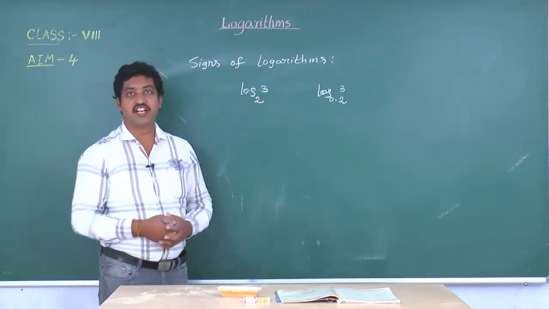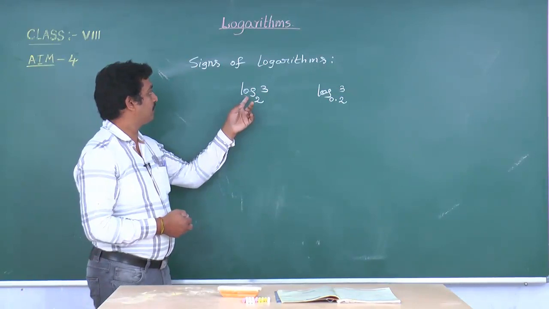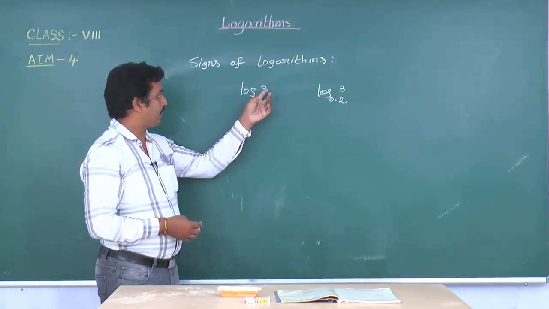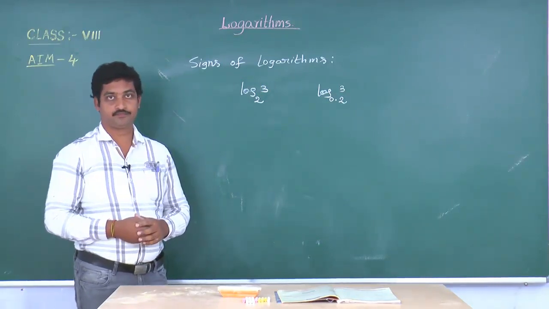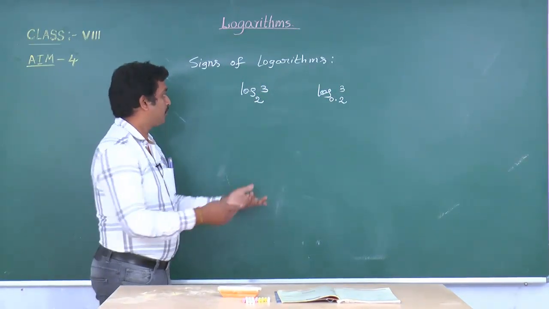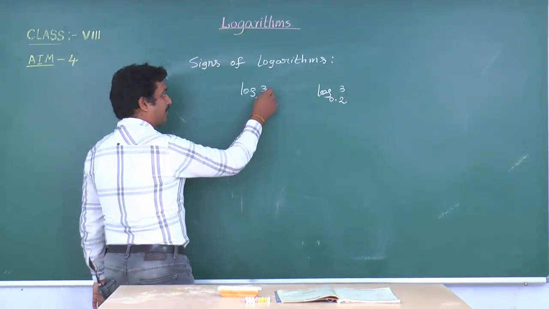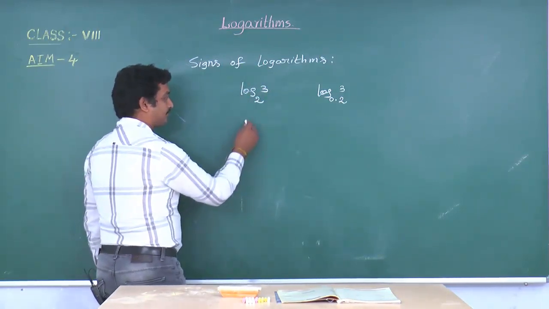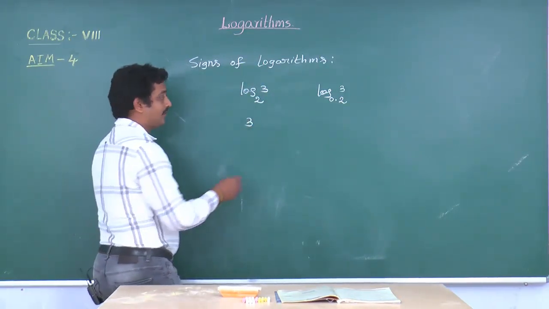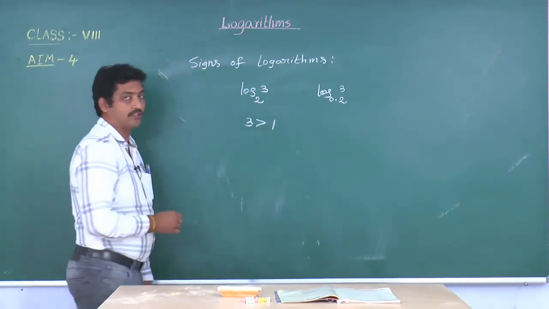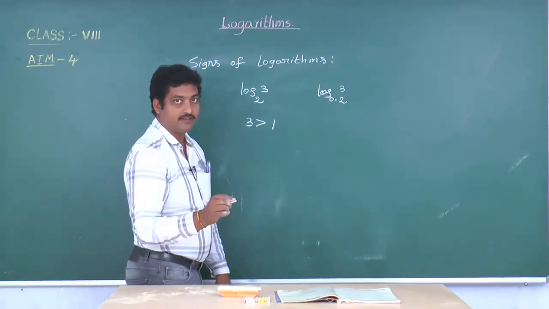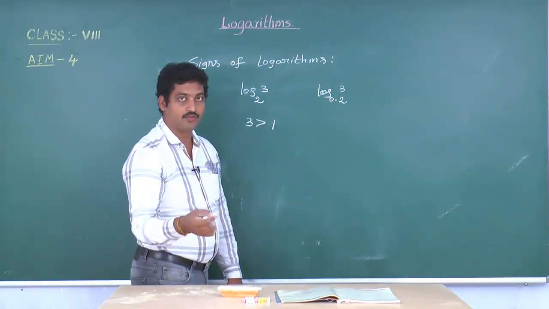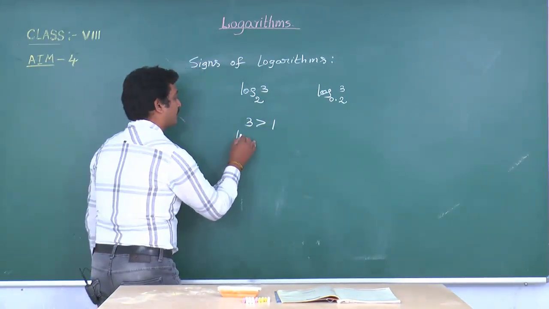Between these two, which is greater? It should be compared with 1 means we have to compare the base and the logarithmic number. You should compare 3 and 1, which is greater? 3 is greater than 1. Now apply the logarithms with the base 2 on both sides. What do you get?